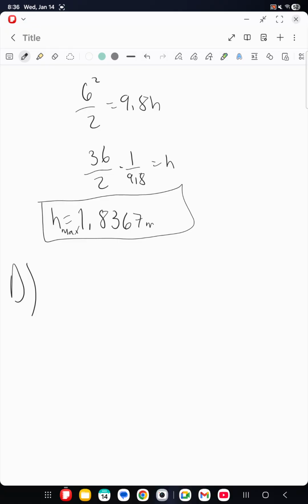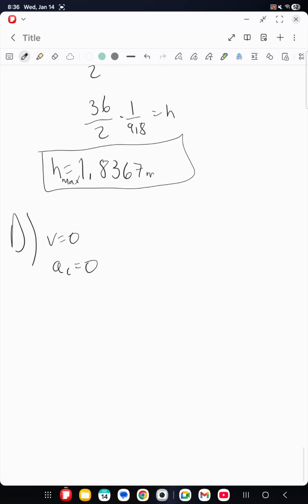We know that at the highest point, v will be equal to 0, hence why the kinetic energy was 0 in the last problem. And so therefore we can know that the radial acceleration will be 0. However, we will still have gravity here. Gravity still acts, and it has a component along the arc.